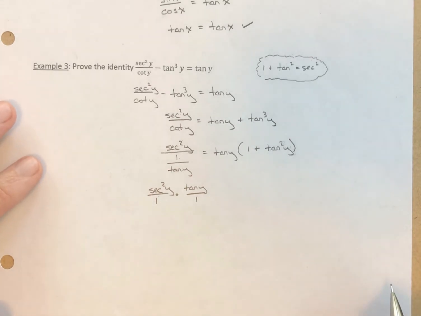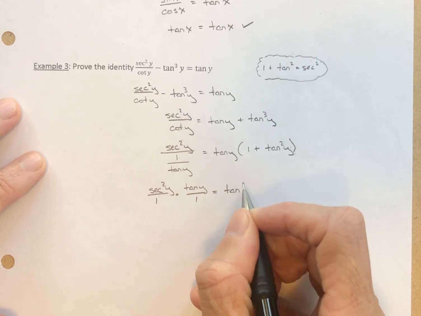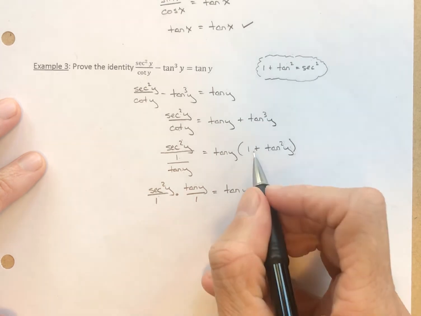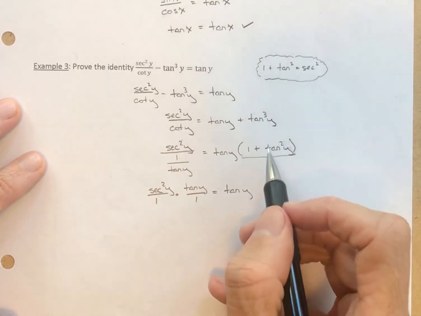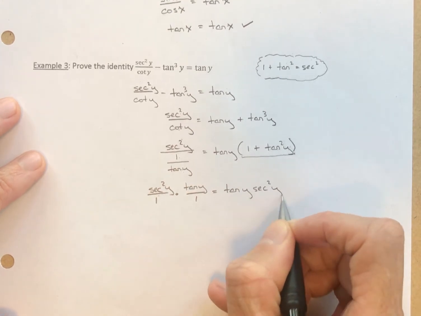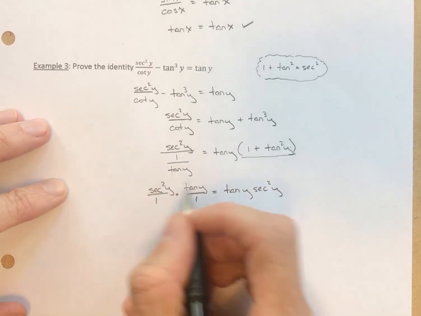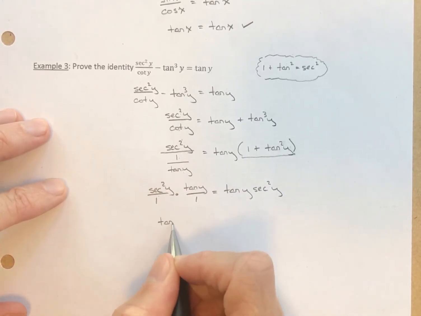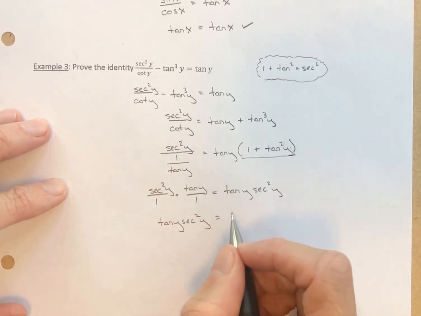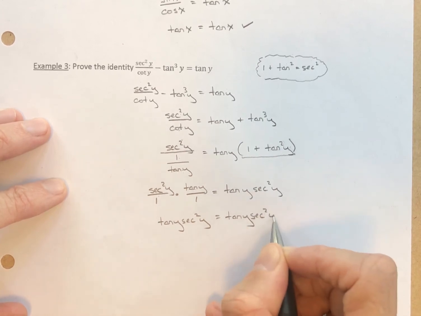And this is equal to the tangent of y, and 1 plus tangent squared y is secant squared. This is secant of y squared. Wait a second, I'm done. Left side, and I can multiply in any order I want: tangent of y, secant of y squared. Right side: tangent of y, secant of y squared.